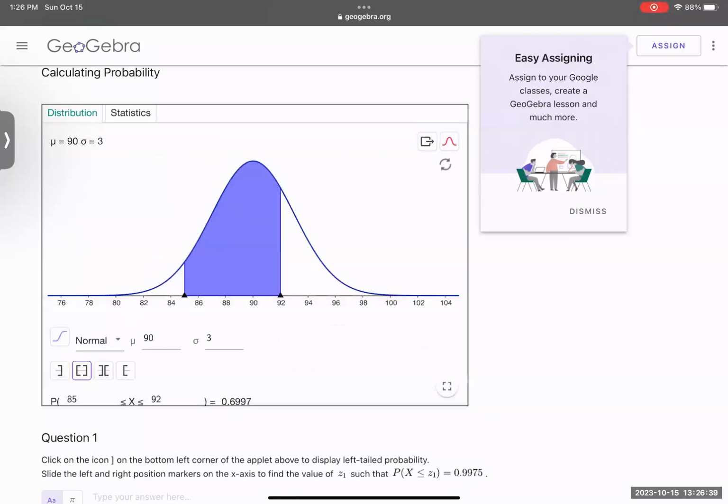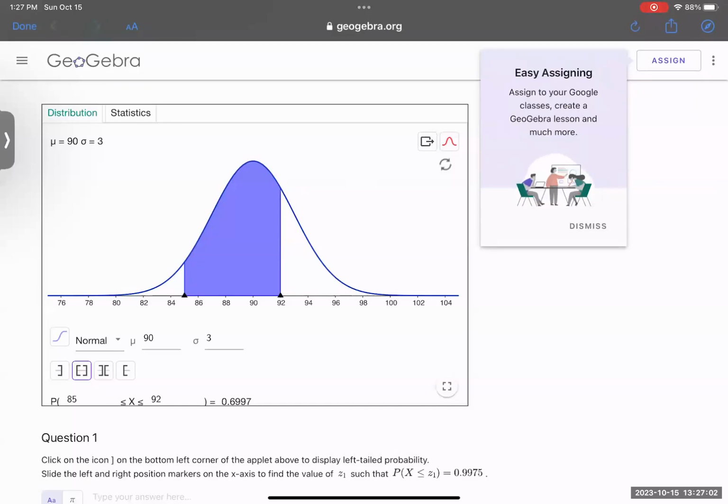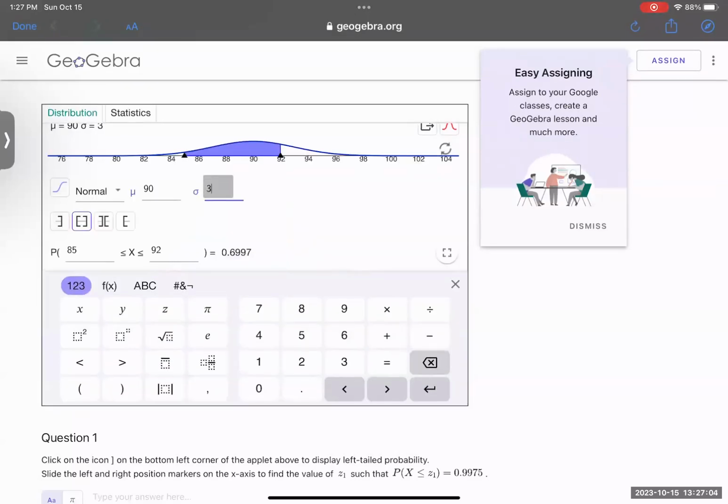Now this calculator is generic. So of course here, I can't point right now because I'm not in my notes app with my laser pointer, but you see P of 85 less than or equal to X less than or equal to 92. I know it's not X bar written there. You can't change what's written on this calculator each time, but we are doing it for the sample mean, X bar, since that is the mean and the standard deviation that we entered.